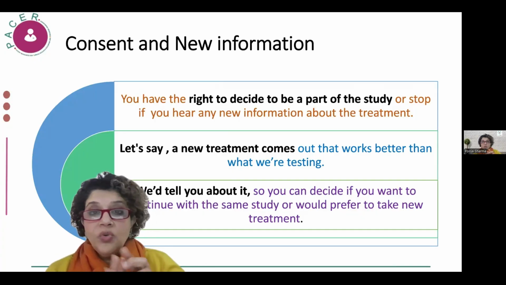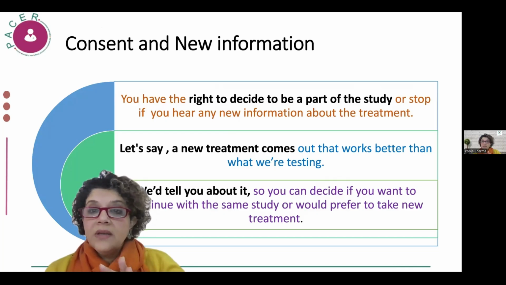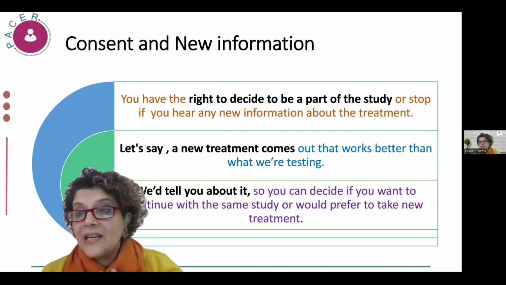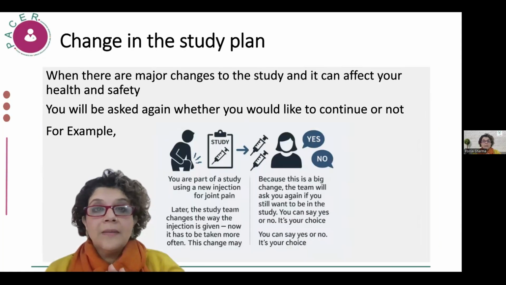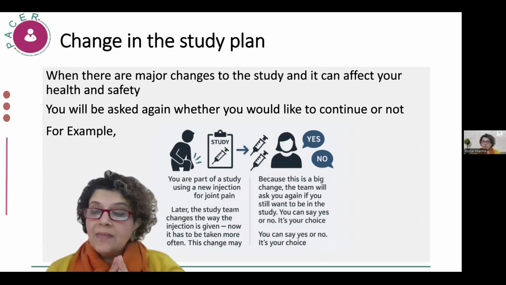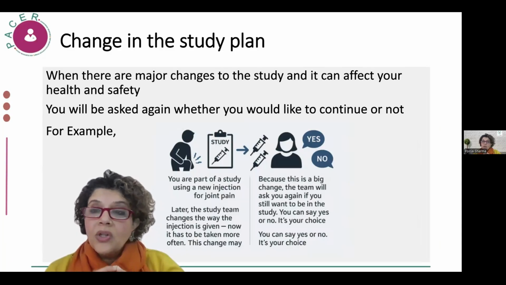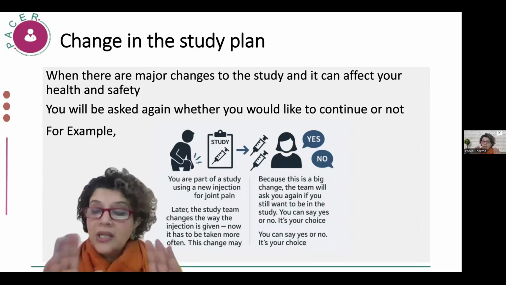Remember, if there is new information, you can be asked whether to continue the study. The new information may be better, the drug is doing better than expected. Sometimes it is worse, so it can be either. If there is a change in the study plan, that means earlier they were doing blood tests at some time, now they want to do more or fewer blood tests, or they want you to come in a little later, or they want to extend the study duration, they have to tell you.